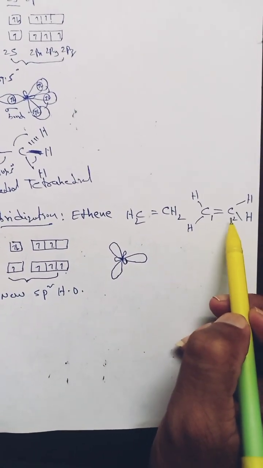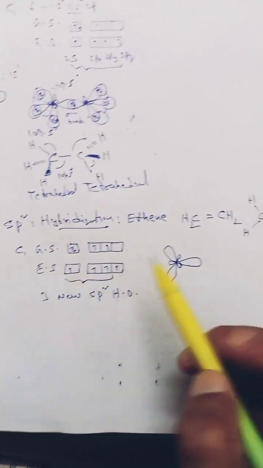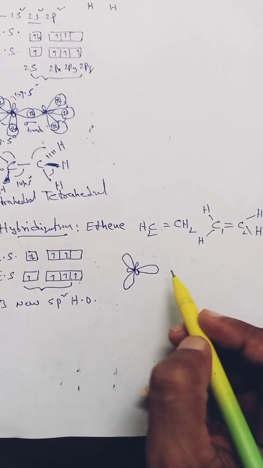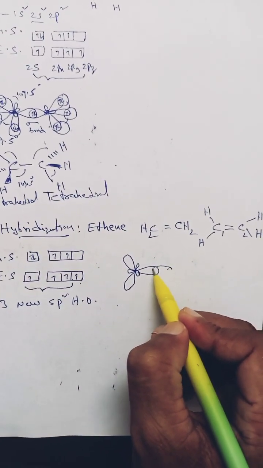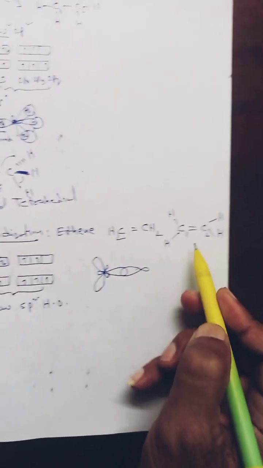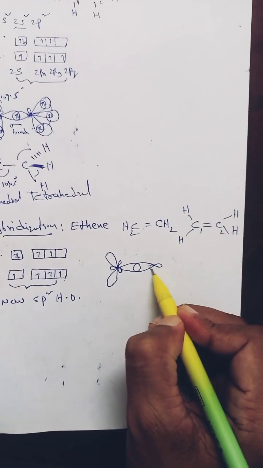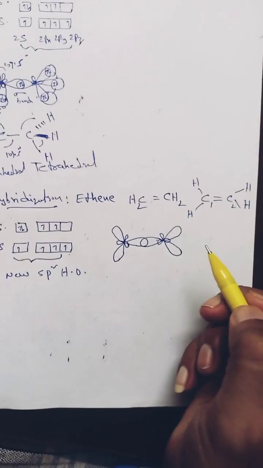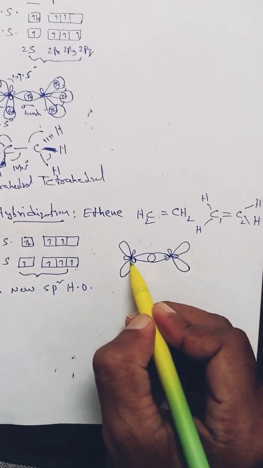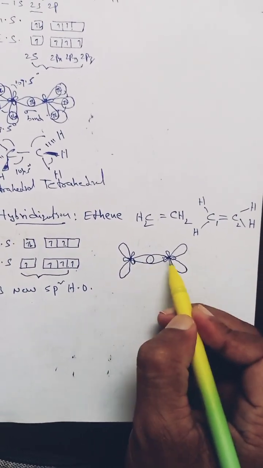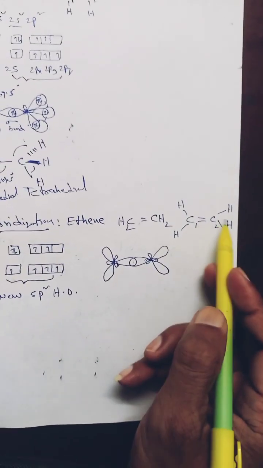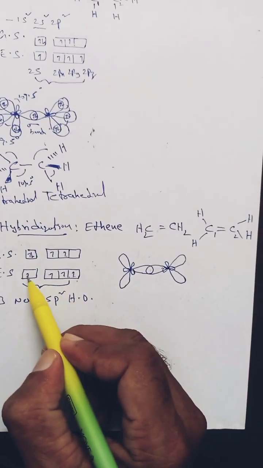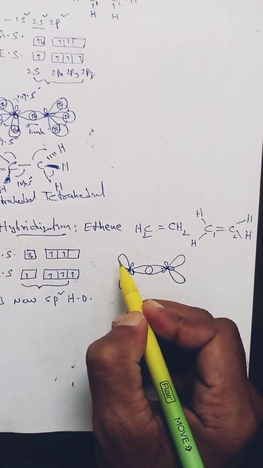And for the other carbon also, the same 3 new sp2 hybrid orbitals will form and they will be arranged in space like this. This is for this carbon. So here you can see this carbon and this carbon, with these sp2 hybrid orbitals, are bonded using these electrons. 3 sp2 hybrid orbitals, 3 electrons are there.